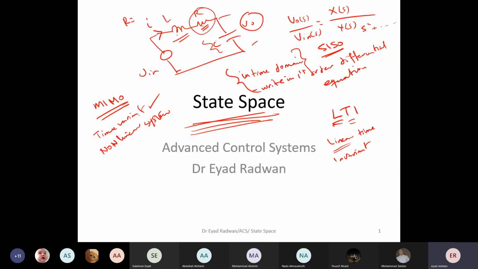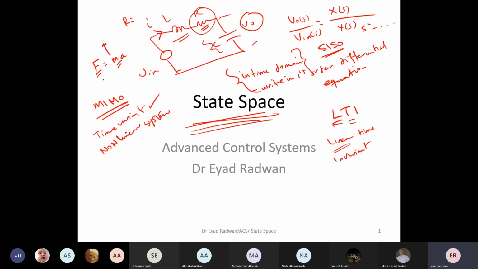Another example, just for the sake of explaining what time variant and time invariant are. Usually when you are talking about force equals mass times acceleration, mass is the mass of the object, and A is the acceleration of that object.